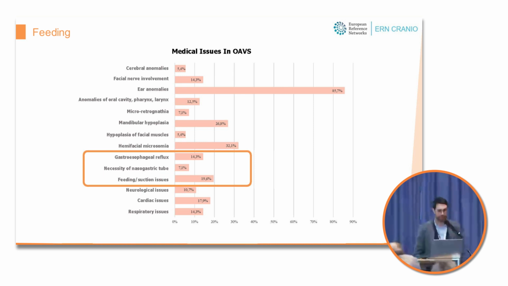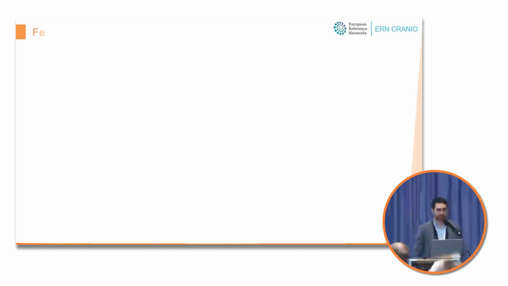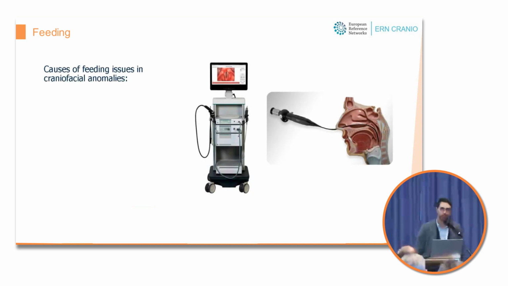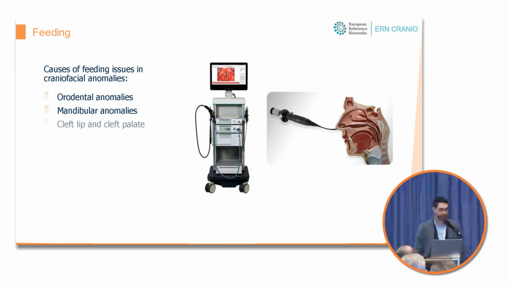And we can deal with these kind of problems with a clinical bedside evaluation, or also with FEES and endoscopic evaluation that can reveal orodental anomalies, mandibular anomalies, cleft lip and cleft palate, pharyngeal, laryngeal, or esophageal malformations.